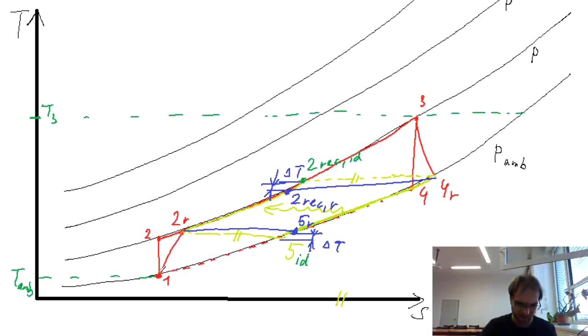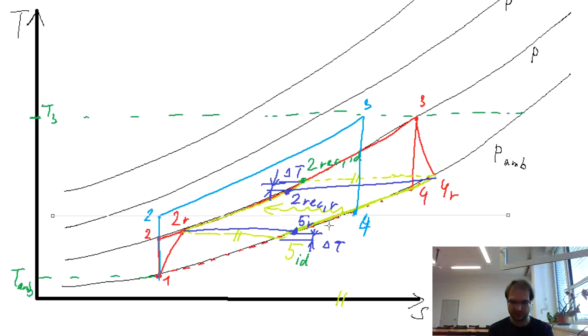Let's say somewhere in here. Here would be point 2. Here we would have the heat addition, 3, and 4. Now what happened at this pressure ratio is that the temperature at the point 2 is basically the same as the temperature at the point 4. And this is the point where the recuperated heat is 0.